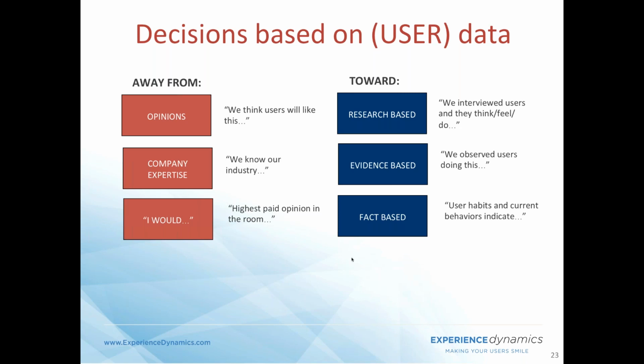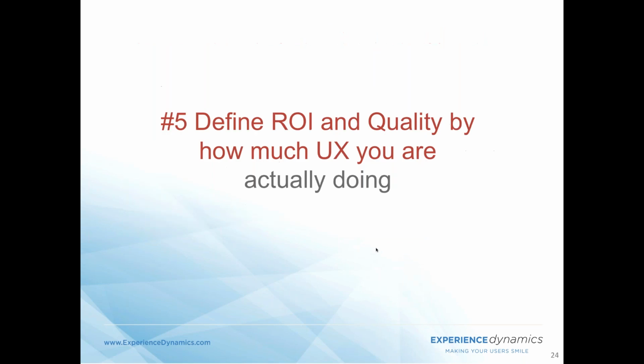Its user habits indicate this or that. It's tempting to pretend you're the user and do the I-would thing, but it's actually better for you, for your sanity and for your team's sanity, if you're basing that on actual facts.